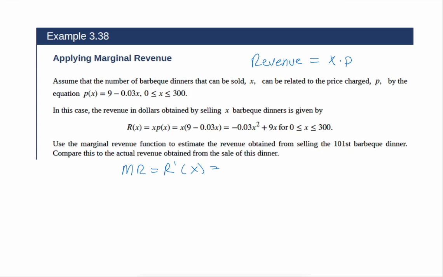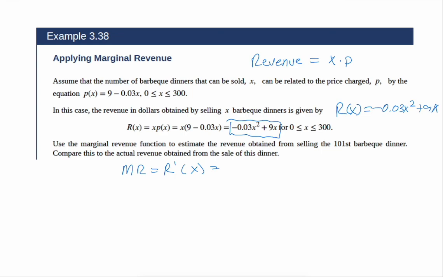So let's take the derivative of that. Now, I'm going to use this version. So let me write that a little nicer. They've already got it ready. They've multiplied. They made it all pretty. So the revenue equation that I'm going to use is negative 0.03x squared plus 9x.